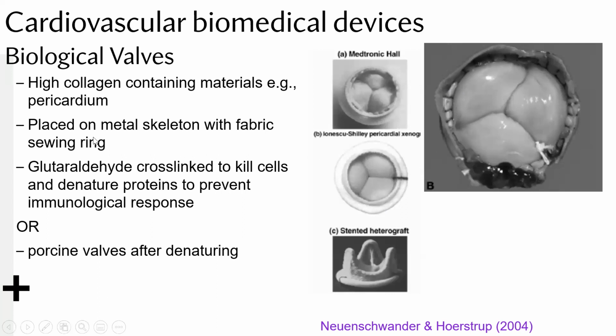And then they use glutaraldehyde, which is permanently cross-linked to the surface to actually get rid of the cells and basically avoid the immunological response that can happen and initiate thrombosis and clotting. So we actually eliminate that by using glutaraldehyde.